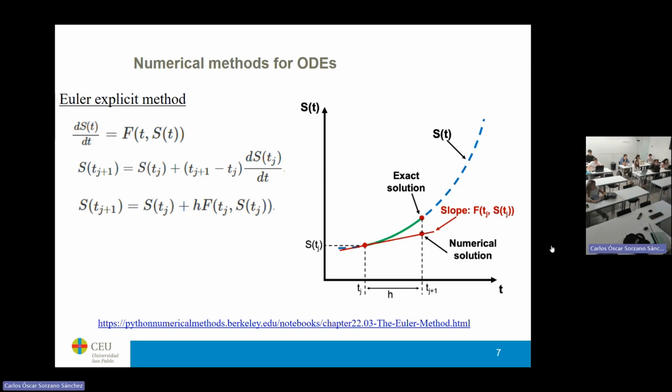This is something that you have seen in numerical methods. So in numerical methods, you have seen, okay, so we have this one. The derivative of s with respect to time is equal to f of s.